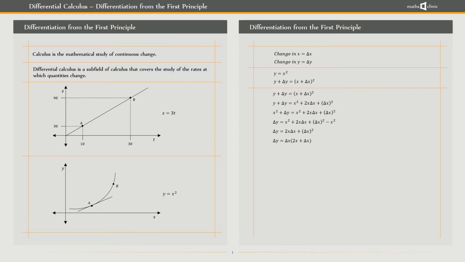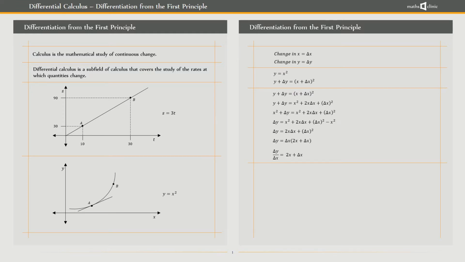And then I'd factorize what I have on the right with delta x, and I have that delta y equals delta x multiplying 2x plus delta x. Then I can divide both sides by delta x, and I have that delta y over delta x equals 2x plus delta x. So we have delta y over delta x, the ratio of a change in y and a change in x, i.e. the gradient to the curve.